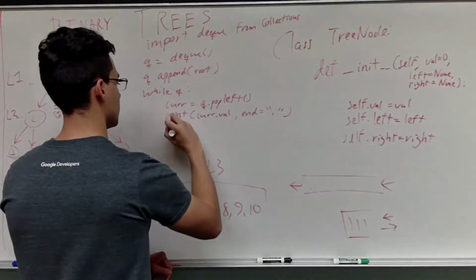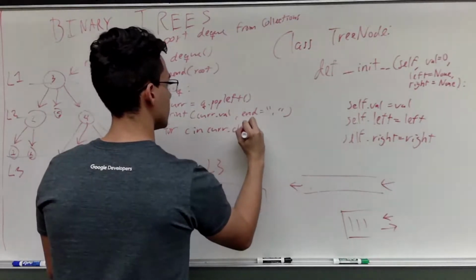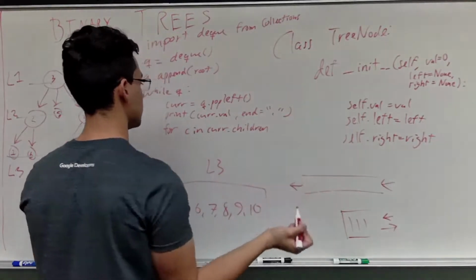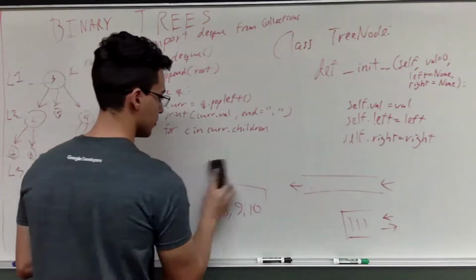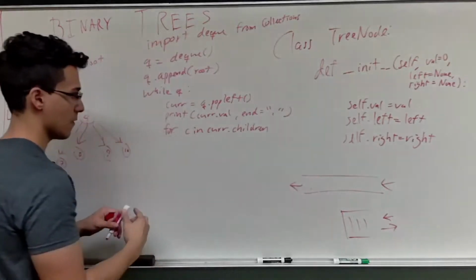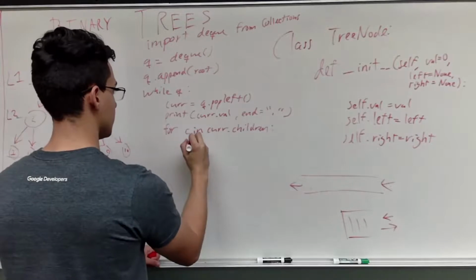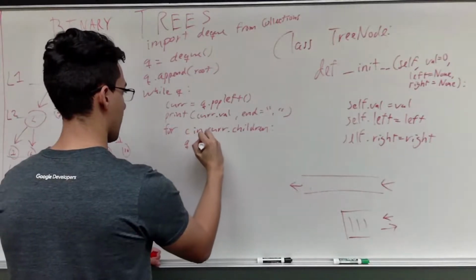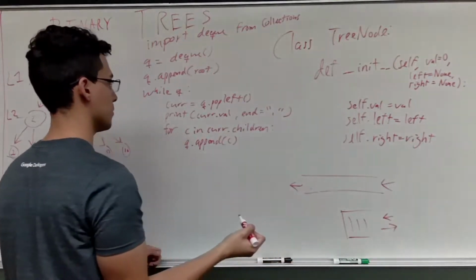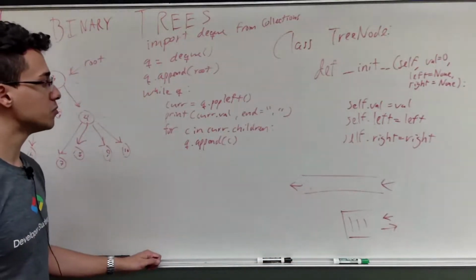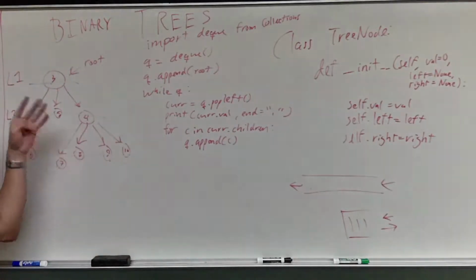Then for C in cur.children: Q.append(C). All right. And of course you don't have to put any colors on it because this is directed and there's no cycles.